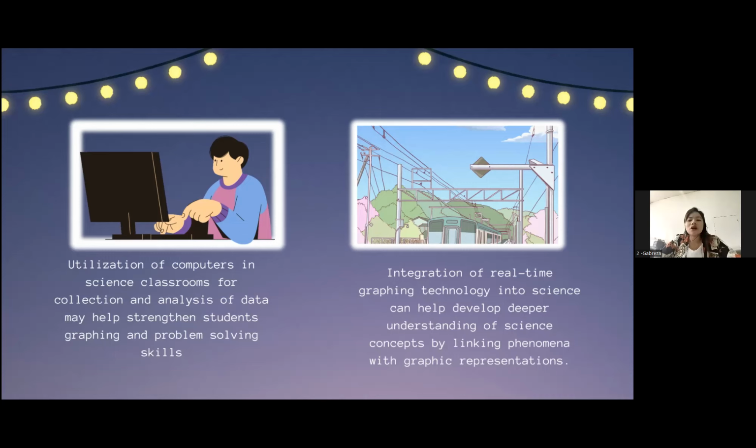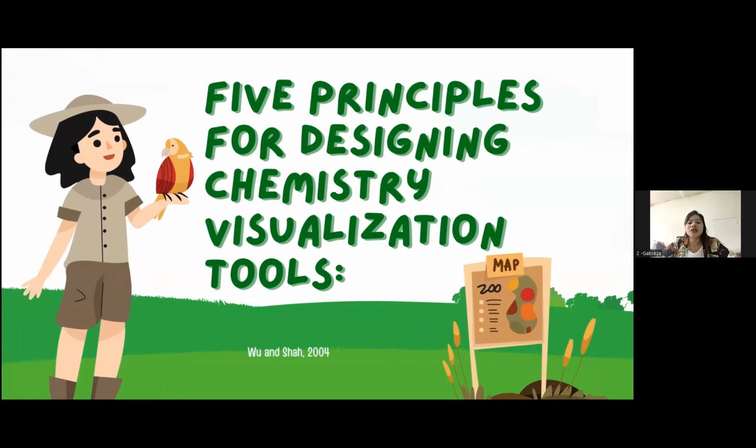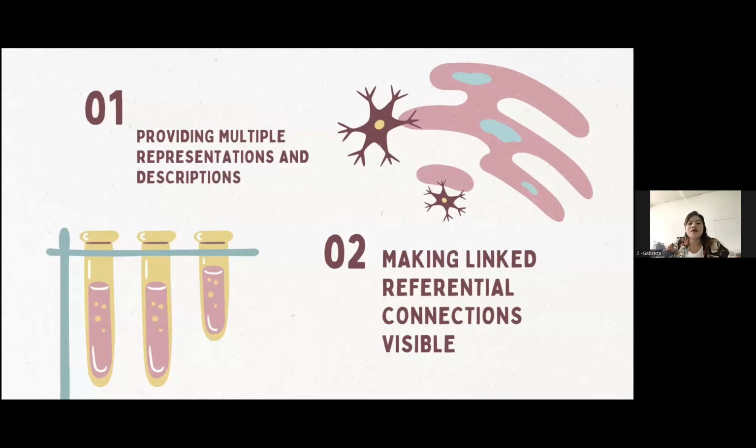Integration of real-time graphing technology into science can help develop deeper understanding of science concepts and linking phenomena with graphic information. Five principles for designing chemistry visualization tools. First, providing multiple representations and descriptions.